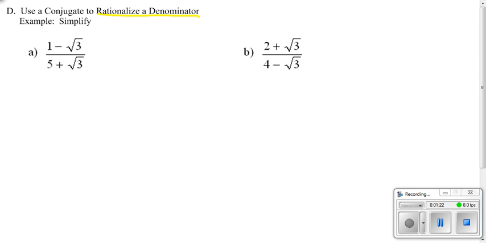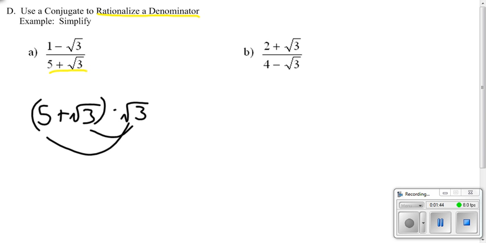So when our denominator looks something like this, so 5 plus root 3, remembering that that's all one number, that's one binomial on bottom, you might think right away, oh, we can just multiply by the square root again, like we did in our last one. Well, if we see how that works, we have to distribute it between the two.